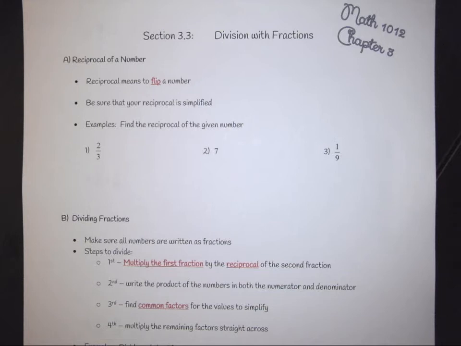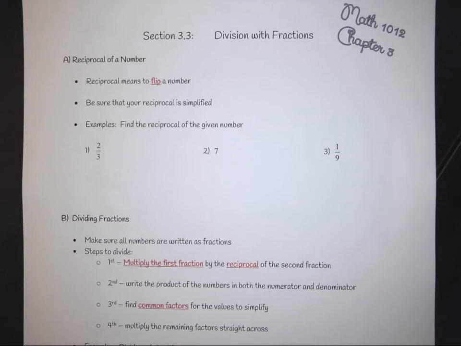Well, the first thing that we have to look at is how division with fractions even gets started. And to do that means we need to know what the reciprocal of a number is. Okay? Well, reciprocal by any other word means you flip it. Flip the number.